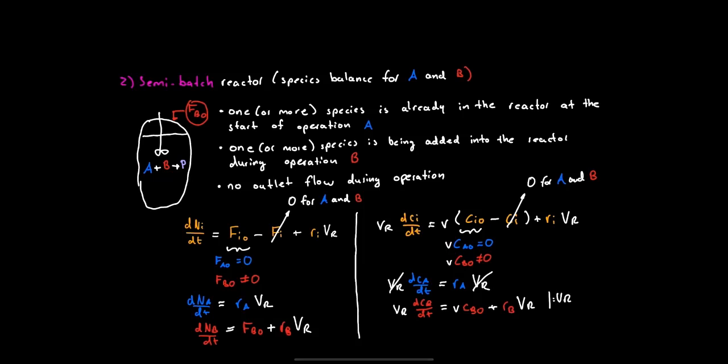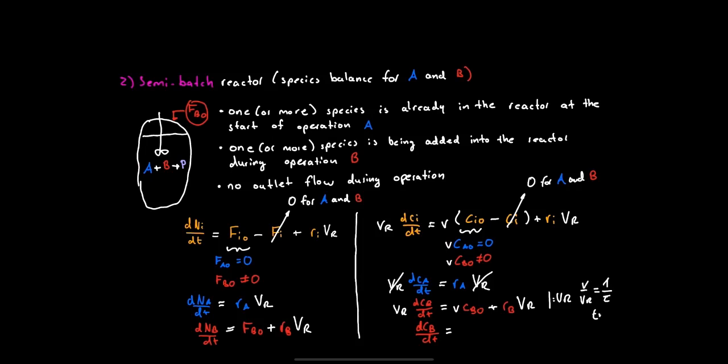If we divide by Vr, we end up with the change of the concentration of the species B with respect to time, and the volumetric flow rate divided by the reactor volume is equal to 1 divided by the mean residence time. For this you could use tau.